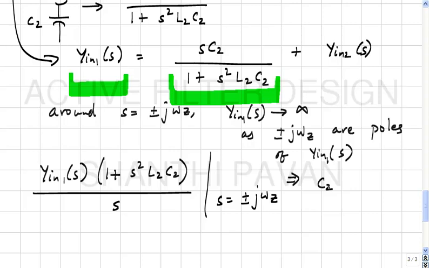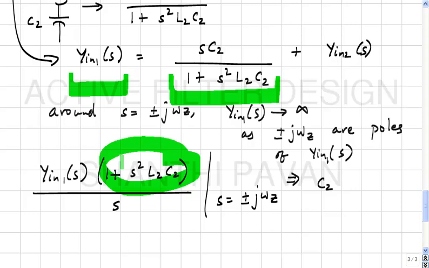Now, if this must yield a limit at S equal to plus minus j omega z, it must therefore follow that, what is this character at j omega z? 0. You are taking something, you are multiplying it by 0 and you are getting a constant number. Clearly what must be happening?